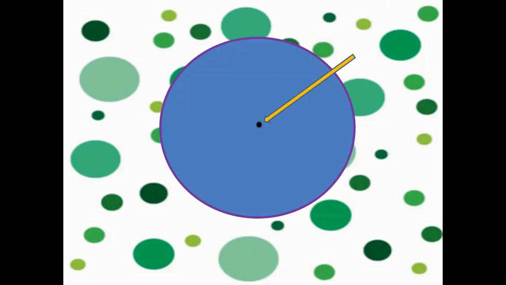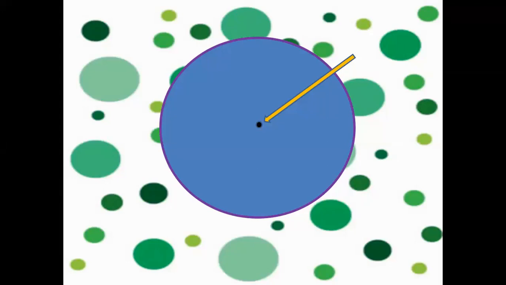What part of the circle is the arrow pointing to? Yes, it is a black dot, but what part of the circle is the arrow pointing to? The middle is not a part of the circle.